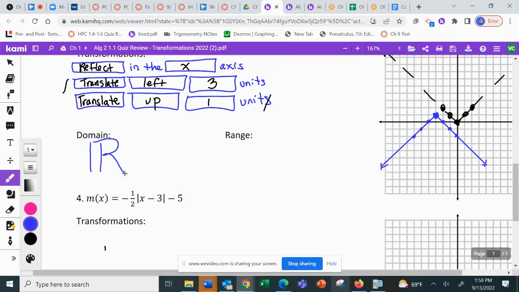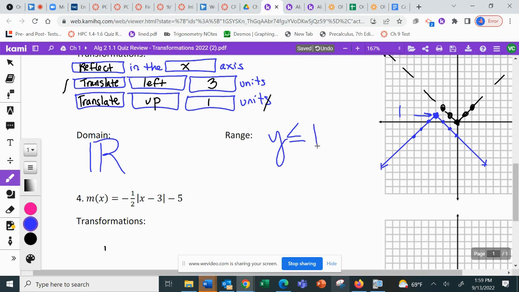Y is greater than what? Okay, so now I'm going to ask you, what is the highest point that this V shape goes? What's the highest point? 1, because we're talking about the Y's. And then it goes down. So this is going to be a less than or equal to. And 1 is the number that it is less than or equal to.